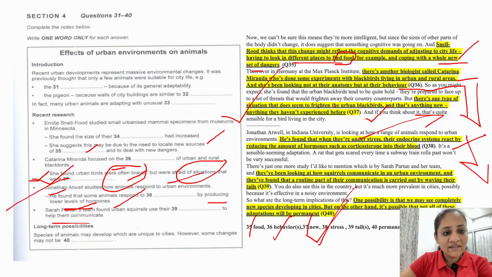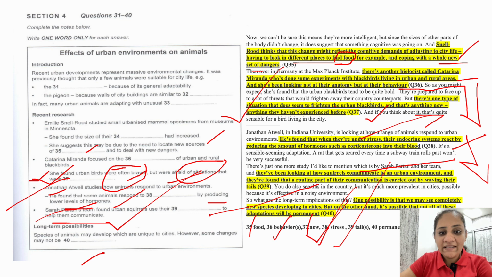Now I have to focus on the squirrel and Sarah's research. Squirrels communicate in an urban environment, and they have found that a routine part of their communication is carried out by waving their tail. So the tail is the answer for 39. Now for 40, you have to focus on the negation.